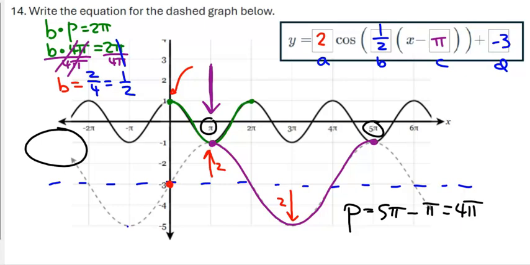Again, I could choose 5 pi if I wanted to, which means I'm shifting further to the right. And if I had the point over here, then it could have been a negative value. This one here, the final answer, looks very similar to what's on the screen. y equals 2 times the cosine of 1/2 times the quantity of x minus pi, close the parentheses, minus 3.